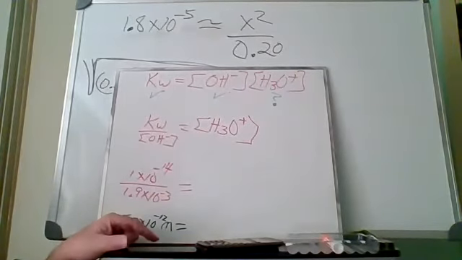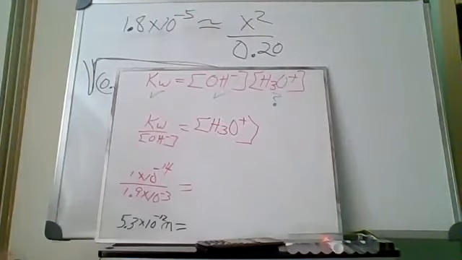I am. See? Tell me, as you're punching the keys into the calculator, what you're typing. I'm putting 1 times 10 to the negative. So you're hitting a times key?